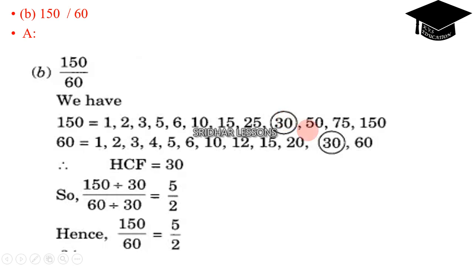Since 30 is common in both the factors, the HCF is 30. So we can divide 150 by 30, 60 divided by 30. This is equal to 5 by 2. So 150 by 60 is equal to 5 by 2.